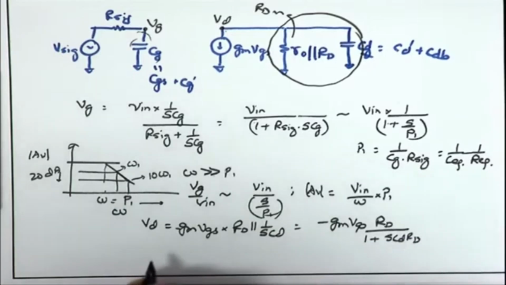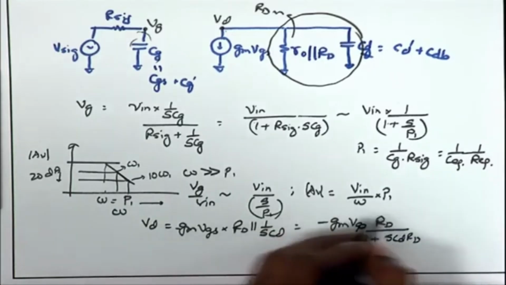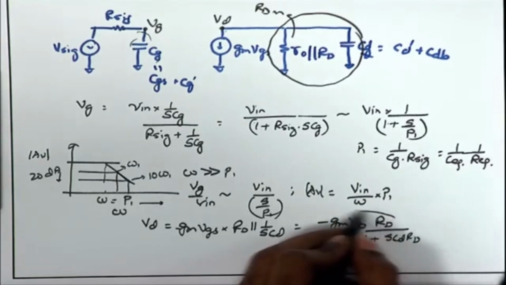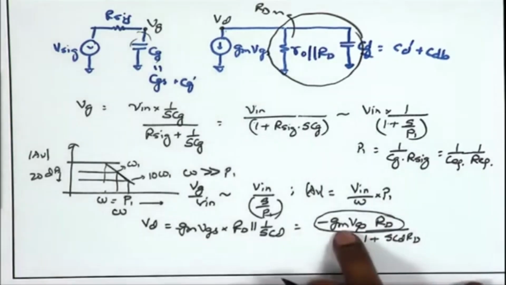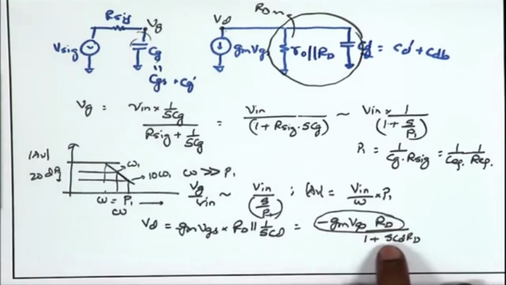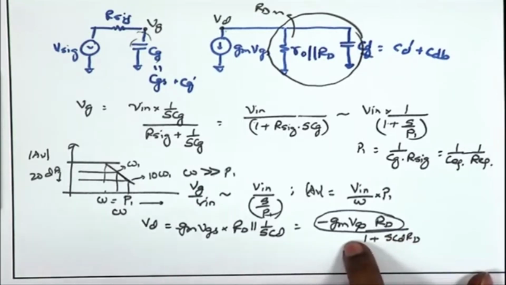SCD times Rd. Once again, if I look at the first term, the numerator tells me the voltage gain is minus Gm Rd provided your S is very small. So, for very small omega, the term over here can be ignored with respect to 1, and in that case my overall gain is just minus Gm times Rd.